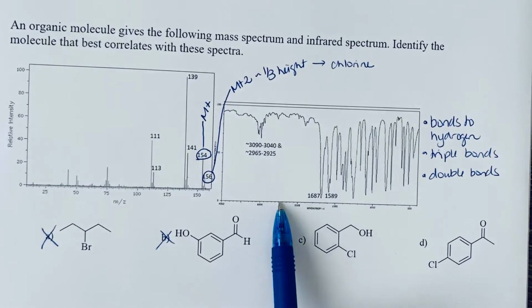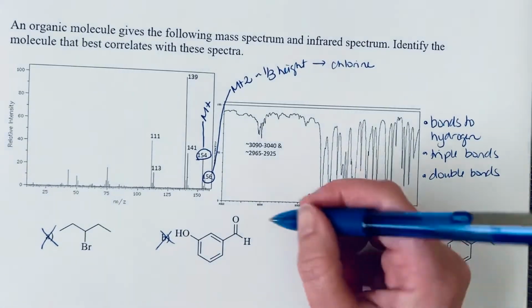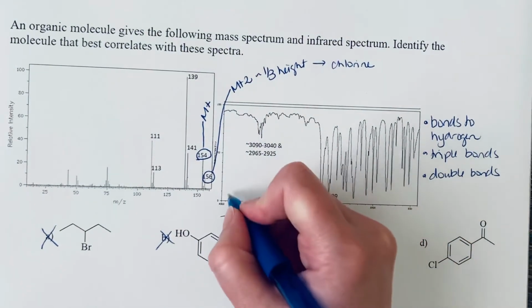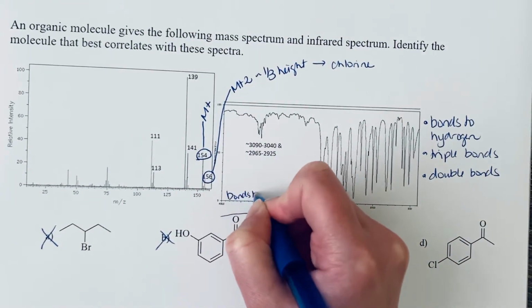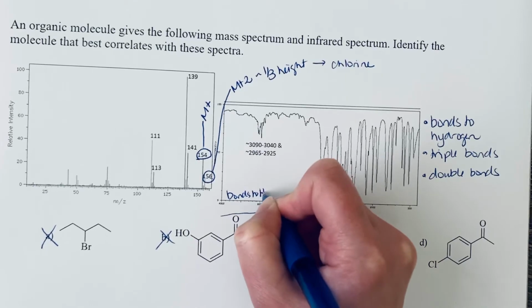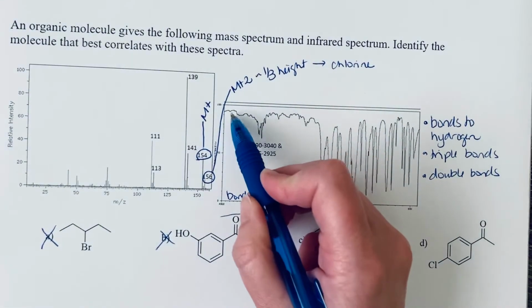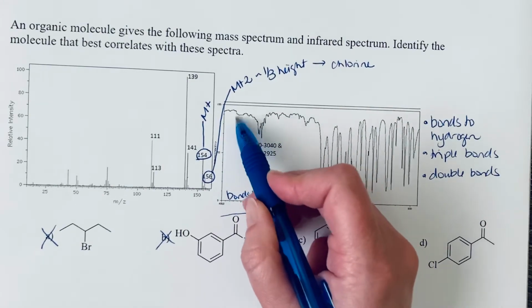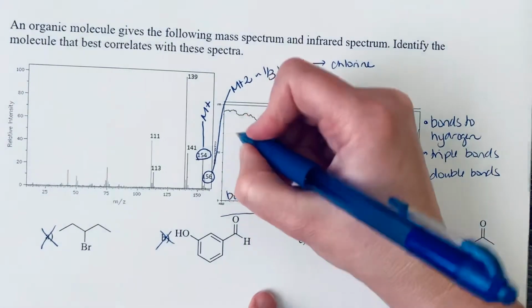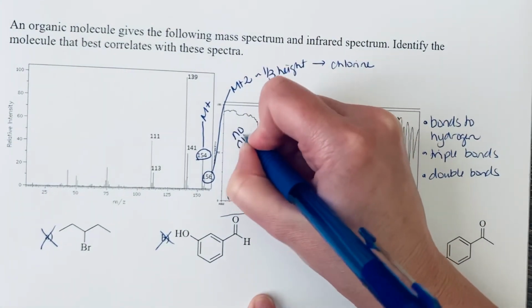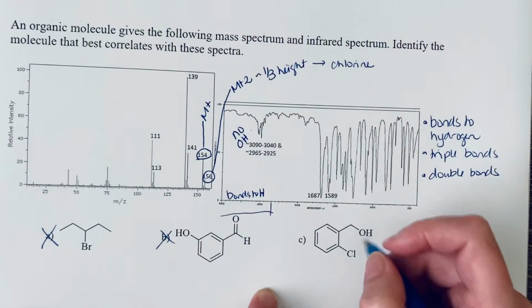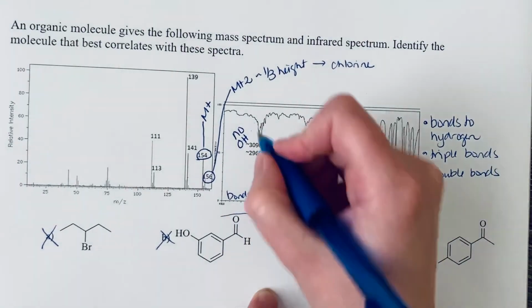In this top region of the spectrum where we tend to see our bonds to H, if we had an alcohol, we would see this intense rounded alcohol peak. So I noticed that there is no peak for that. So that leads me to think that it's not C.